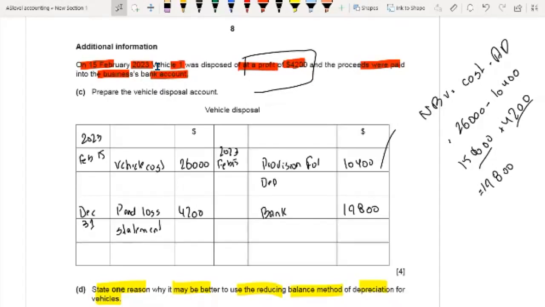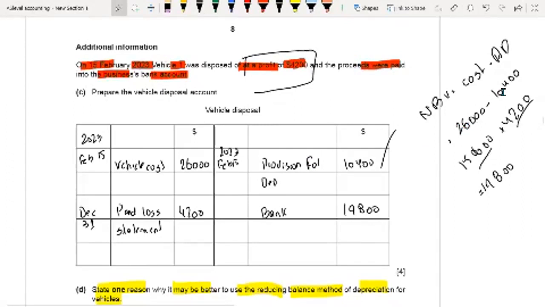And the proceeds were paid into a business bank account. So basically we don't know what amount we should transfer in the bank account, because there is no information here, but we can find it out. How? Because we know that provision for depreciation would be 26,000 minus 1040.